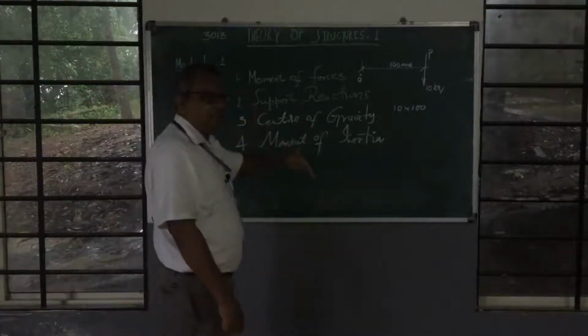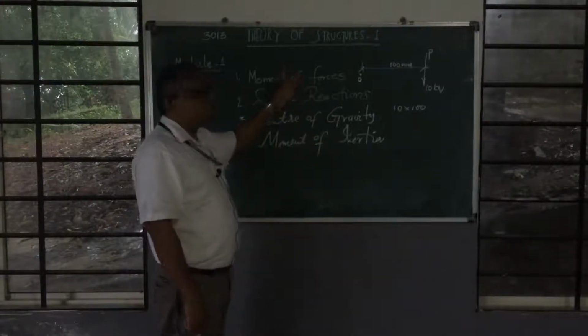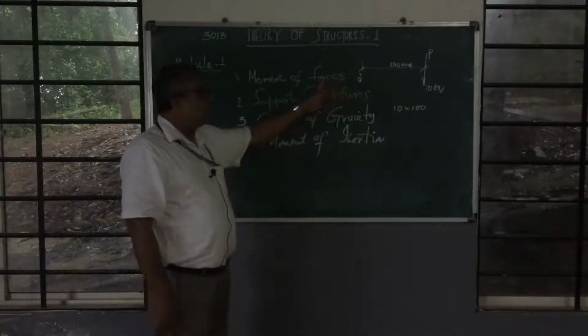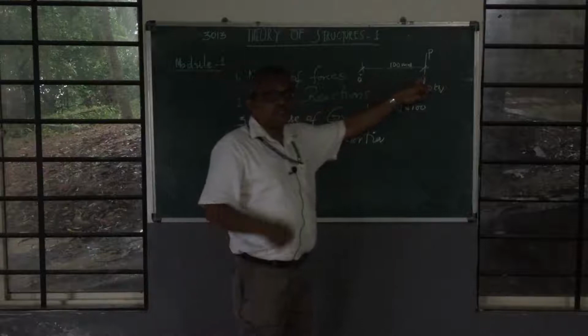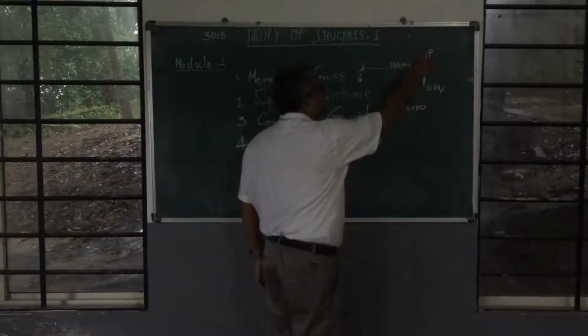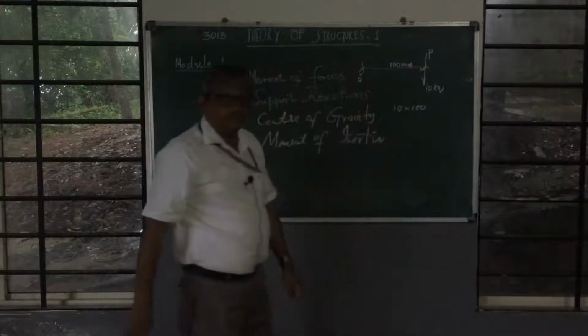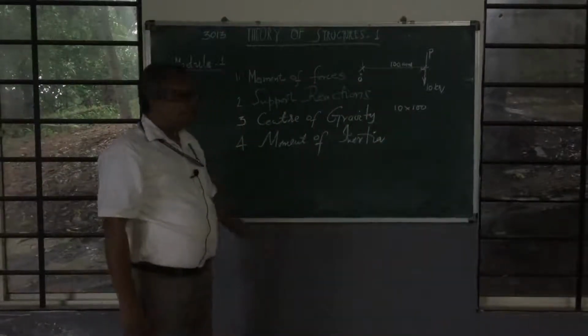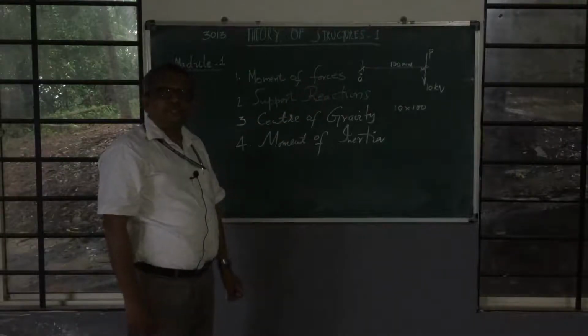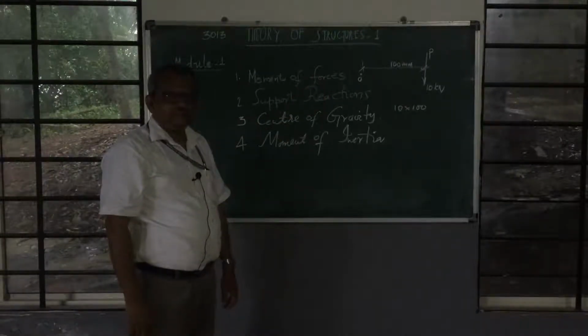So, that is the definition. Moment of a force is the magnitude of the force into the perpendicular distance. Perpendicular distance is very important. Not any distance, but the perpendicular distance from that force to the point considered. That is the moment. We will study in detail about forces and moment of forces.